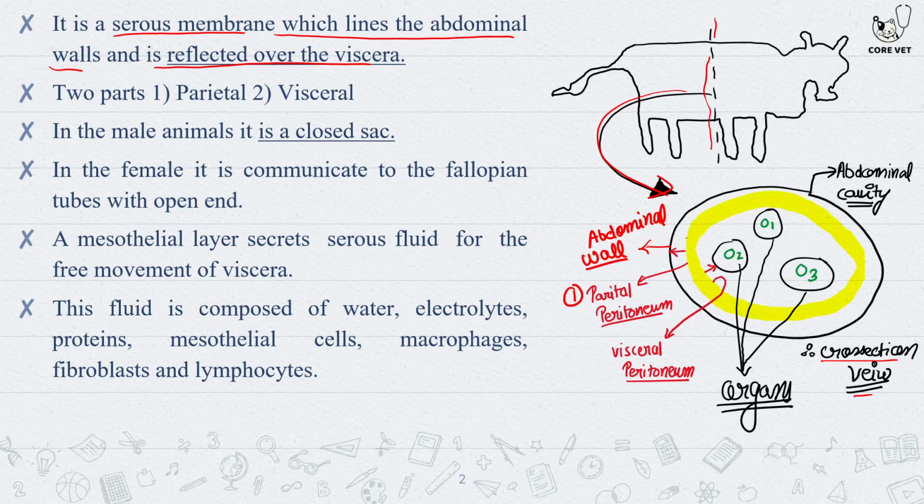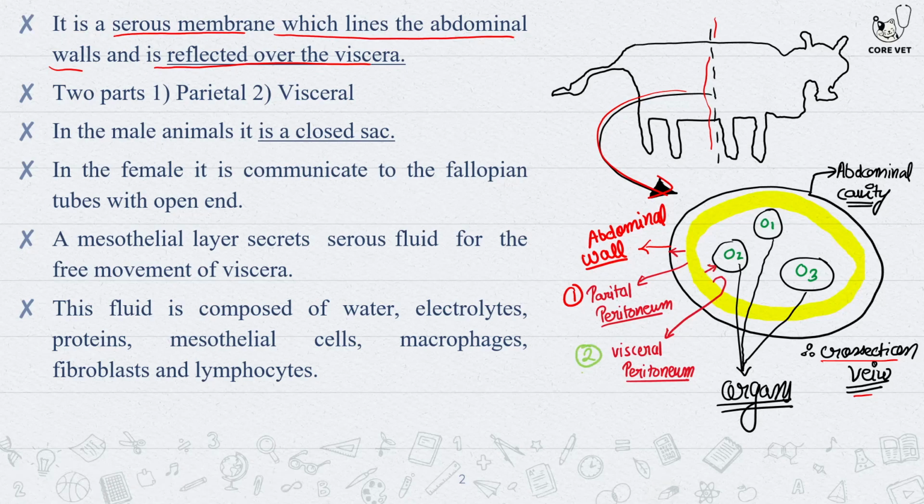Now the layer of the peritoneum, wait a second, let me change the color of the pen. So this is the layer, right? The layer that is facing towards the abdominal wall is the parietal peritoneum. And the layer which is facing inwards towards the viscera or the organs is known as what?